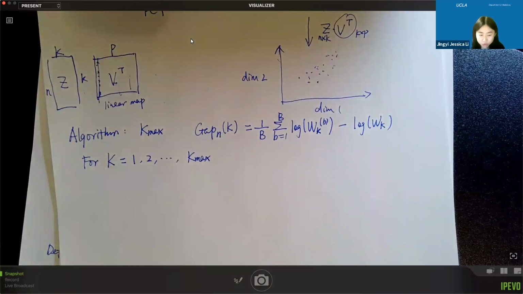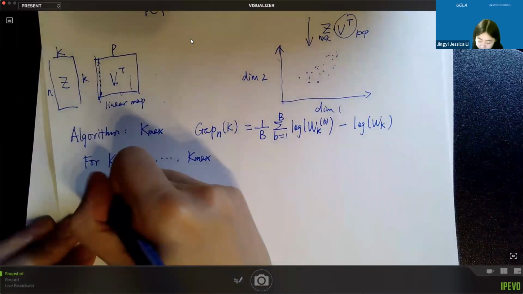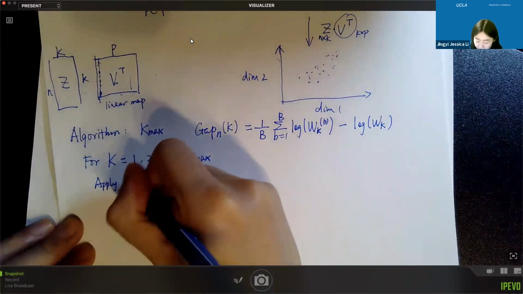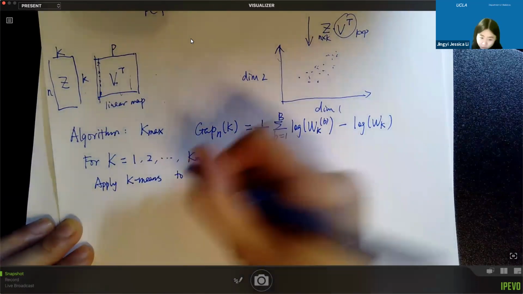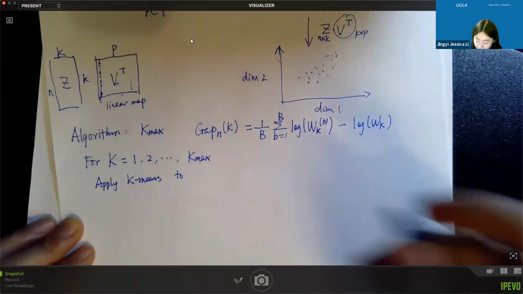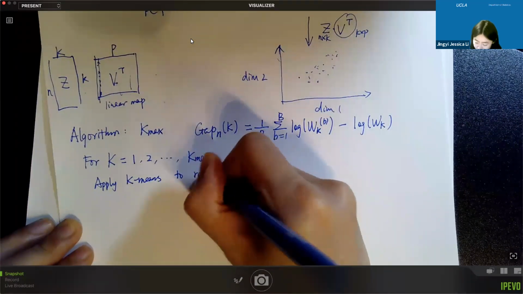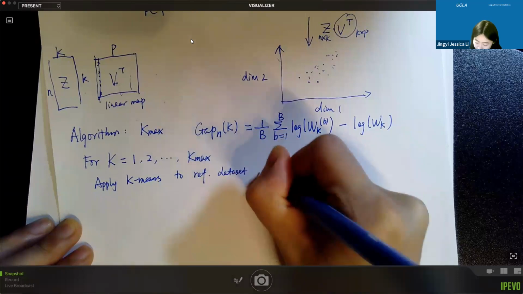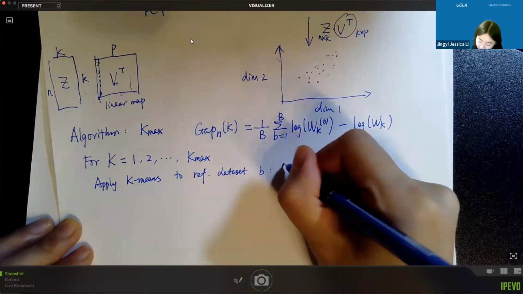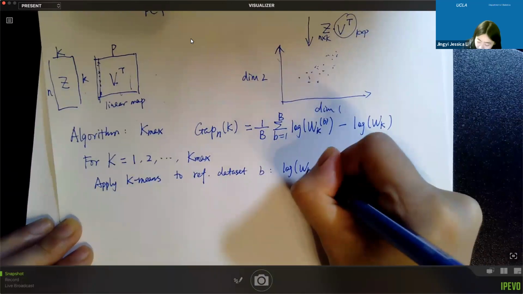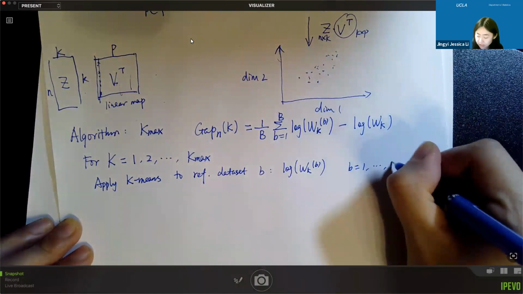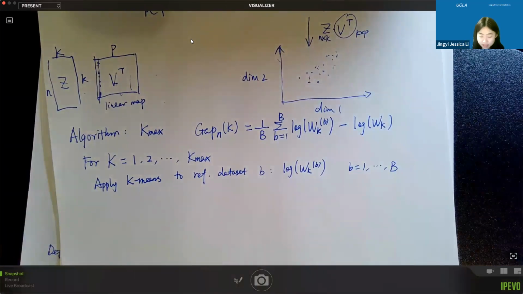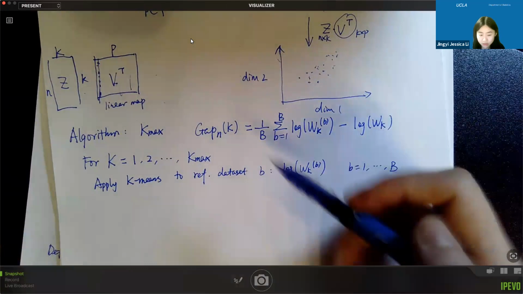And then what we do is that we apply k-means to a reference data set B, and that will give me log WKB. And I will repeat this for capital B times. And then I just calculate this and I'm done.